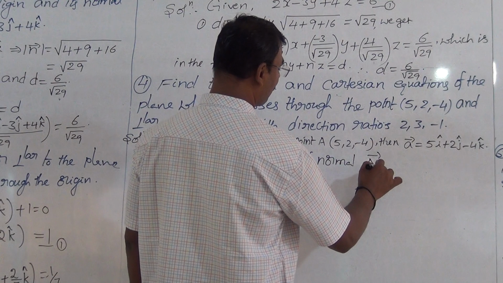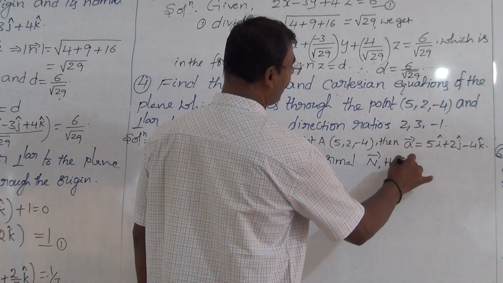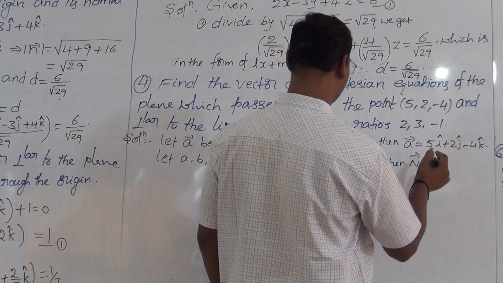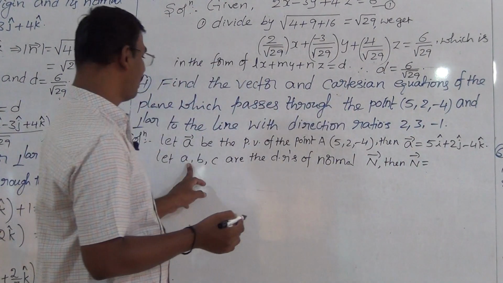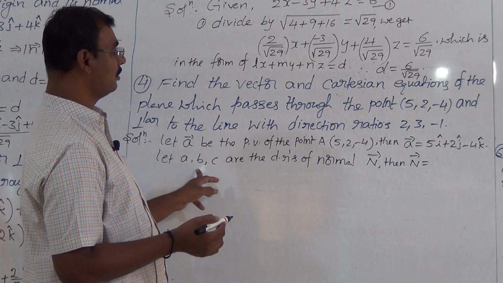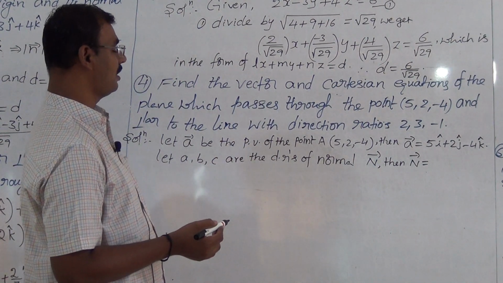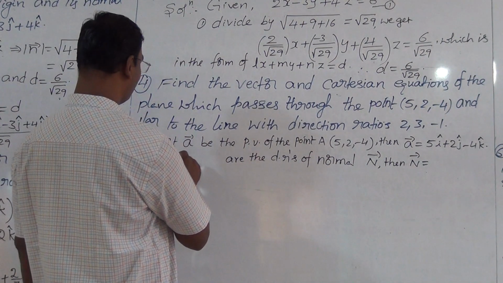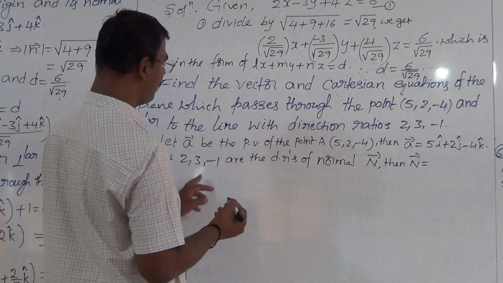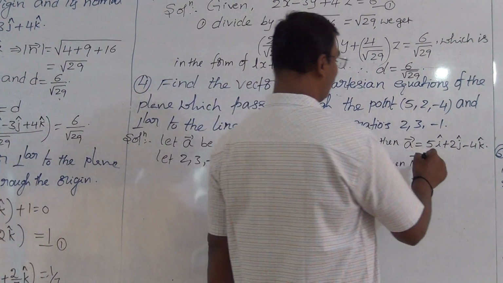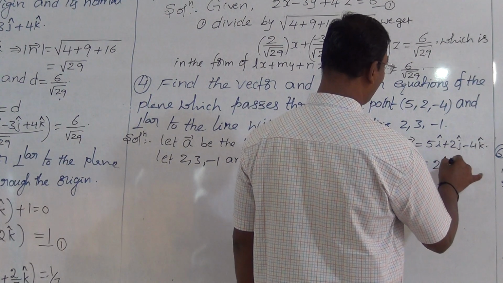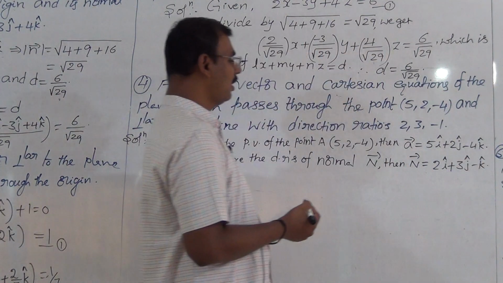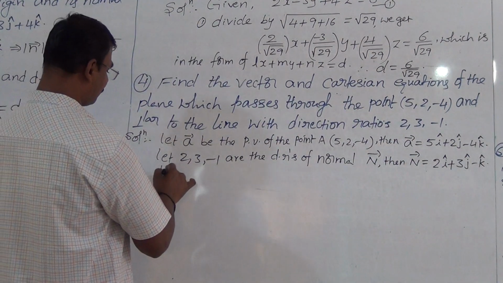Normal vector n bar is equal to 2, 3, minus 1. So a is equal to 2, b is equal to 3, c is equal to minus 1. These are the DRs of the normal vector. Then n bar is equal to 2i plus 3j minus k. Clear?